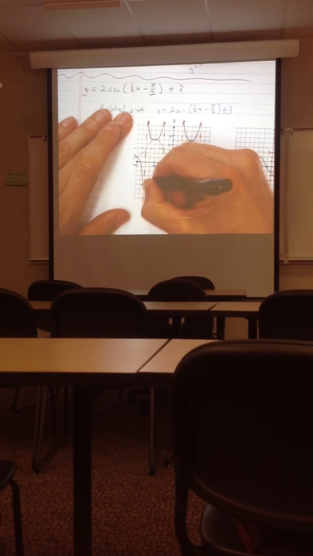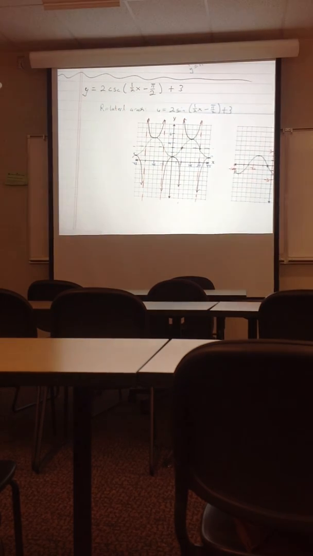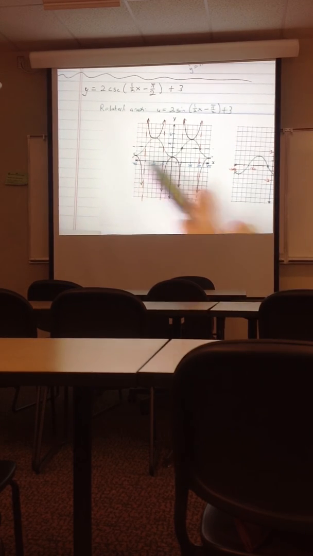Okay, if you're using pencil, this sine graph in the middle should be lighter or dashed or even erased when you're done. It's just a tool for us. This black graph with the U's going alternating up and down, up and down, that is our cosecant function.